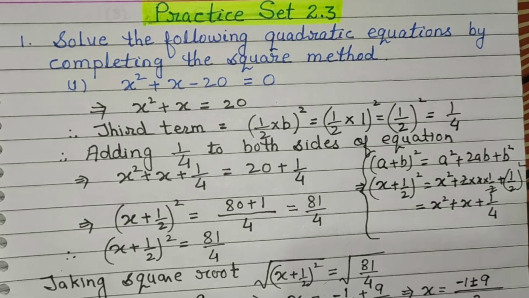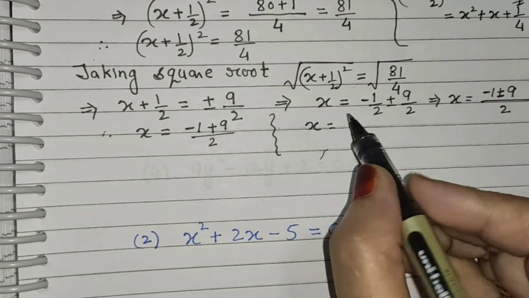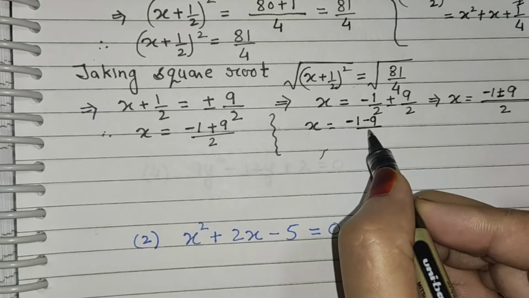Therefore value of x is equal to minus 1 plus 9 upon 2 first value, and the second one is x is equal to minus 1 minus 9 upon 2.